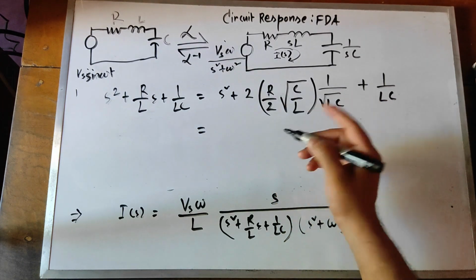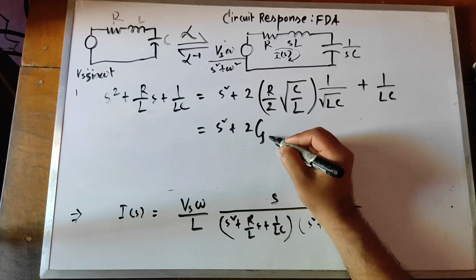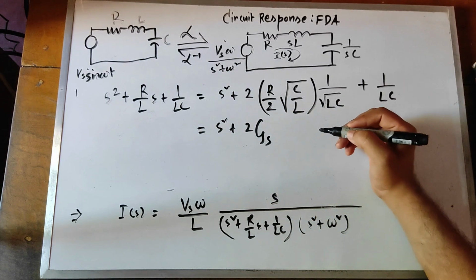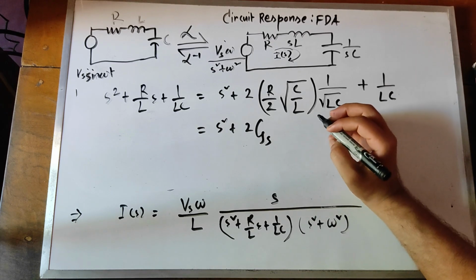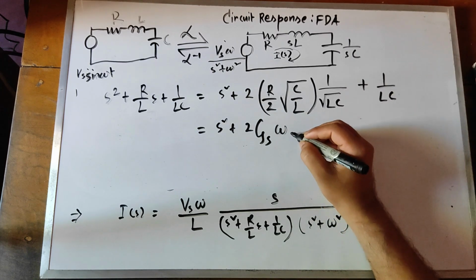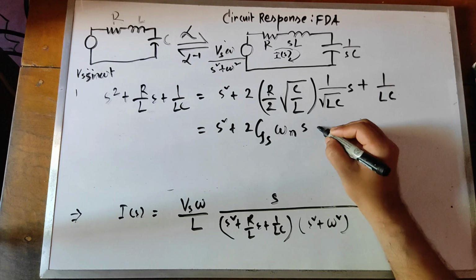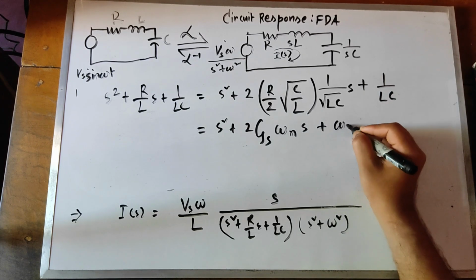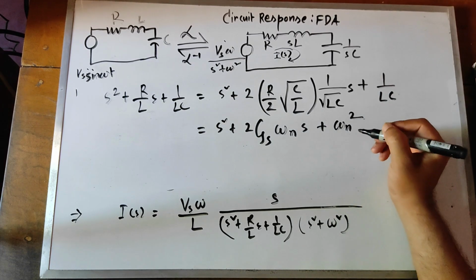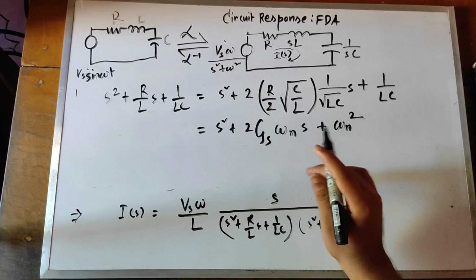So this is the damping ratio for the series RLC circuit, and 1 by root LC is the undamped natural frequency, omega n. So this becomes like this.